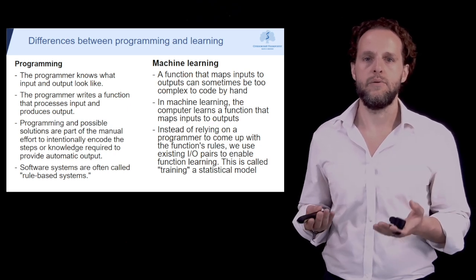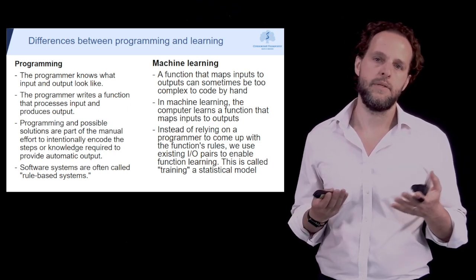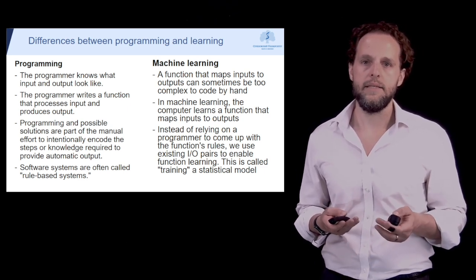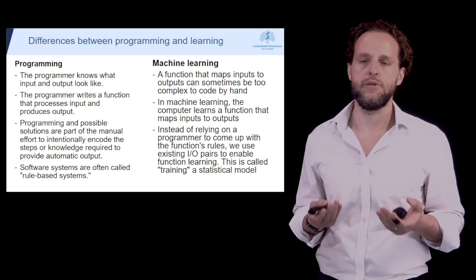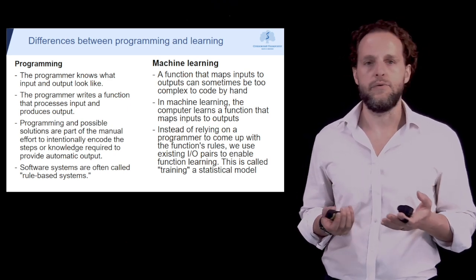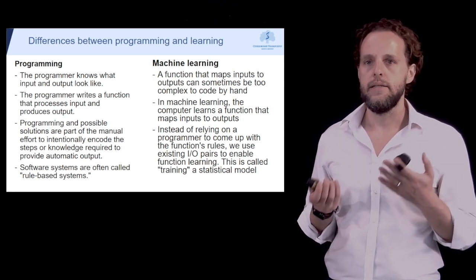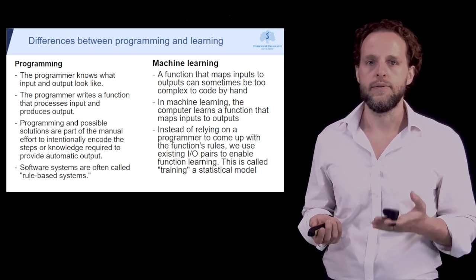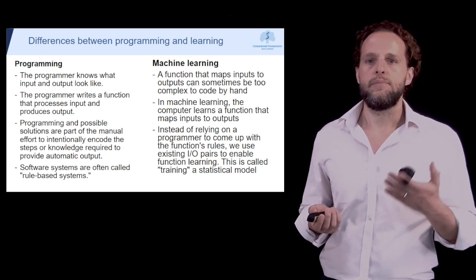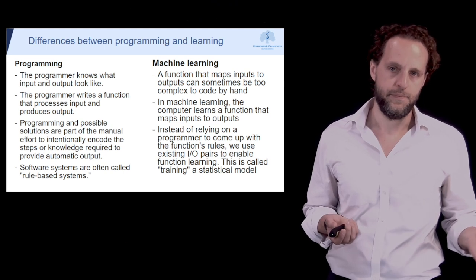The programmer writes a function that processes input and produces output. Programming and possible solutions are part of the manual effort to internally encode the steps of knowledge required to produce automatic output.